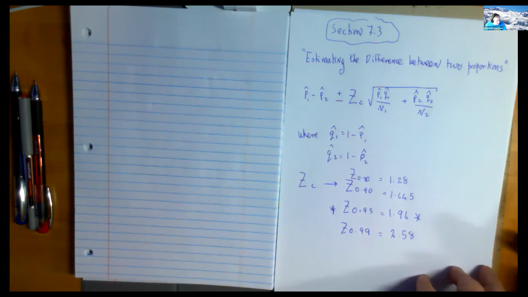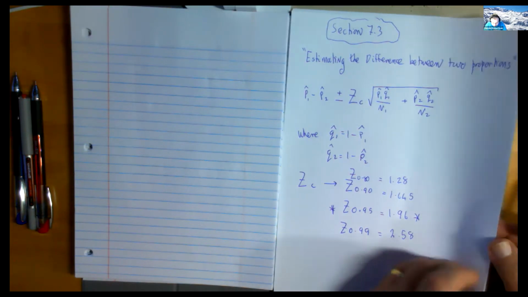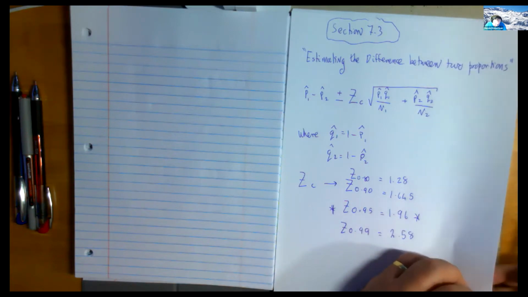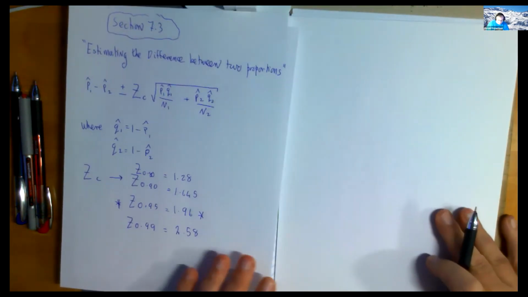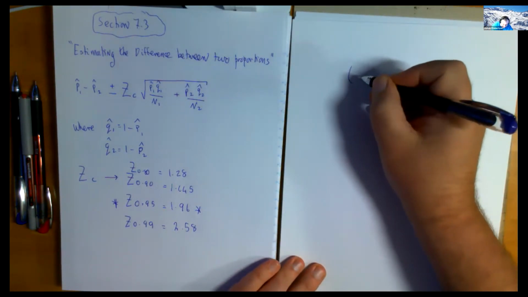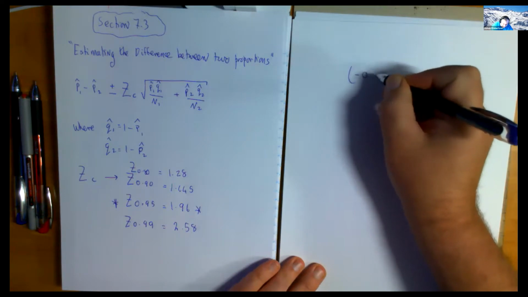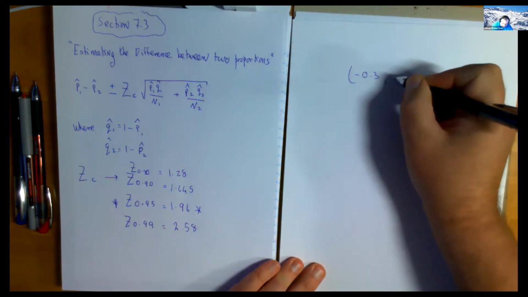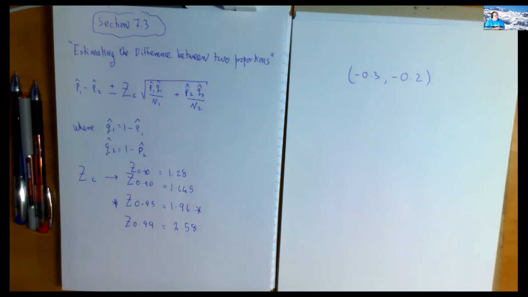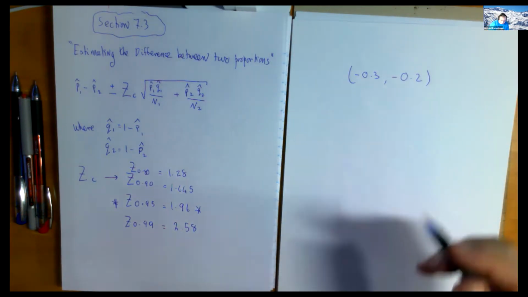Now, let's talk a little bit of general truisms before we go straight in and pick some homework questions. Suppose I do an interval, a difference between them, and the interval ends up being negative 0.3 to negative 0.2. That could happen. You can get negative numbers.